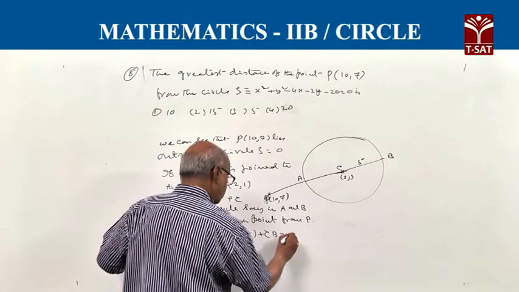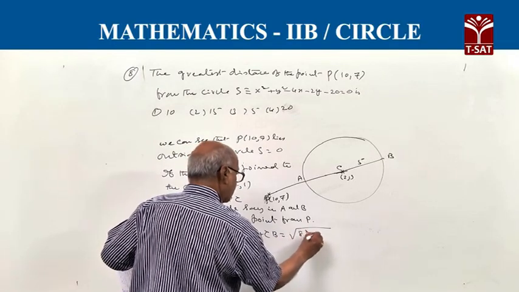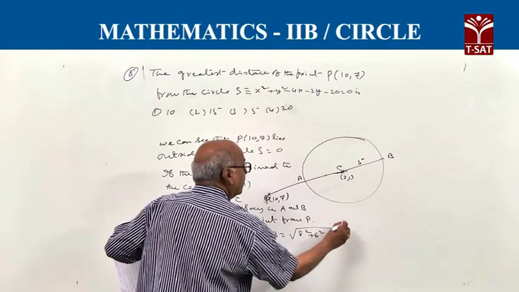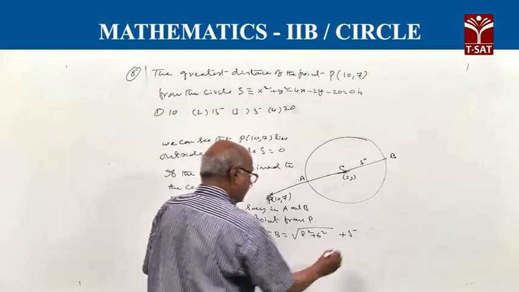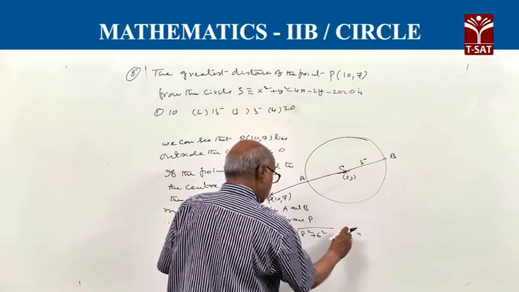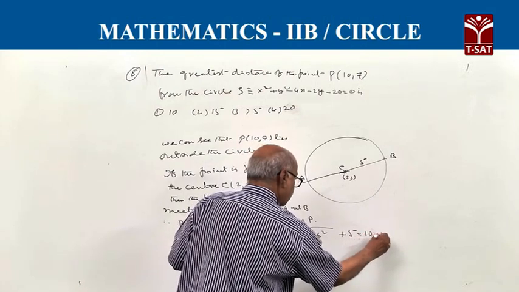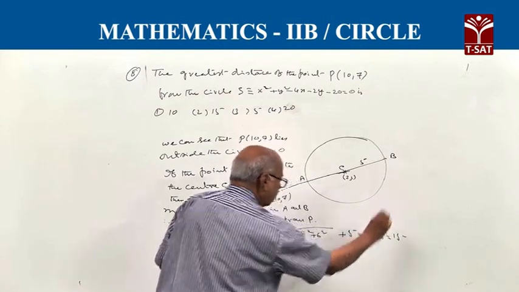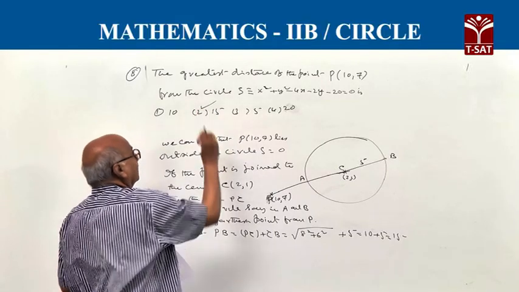PC means square root of (10 minus 2) whole square, 8 square plus 6 square, plus CB means radius 5. So this is 10 plus 5, which is equal to 15. So therefore the correct option is number 2.